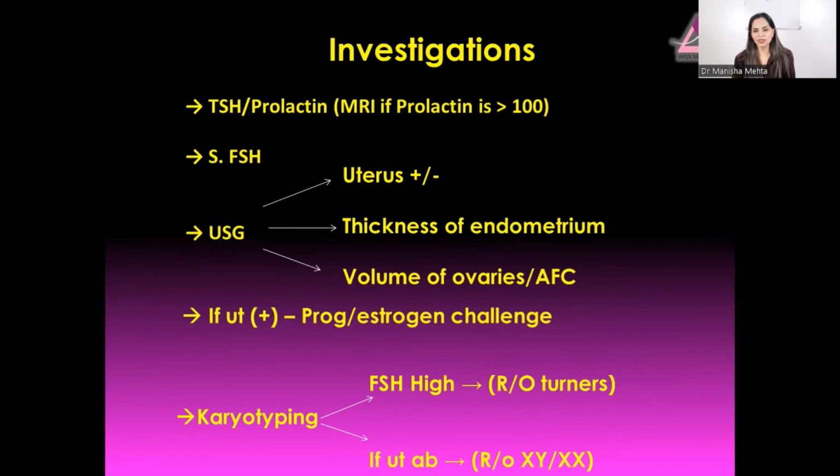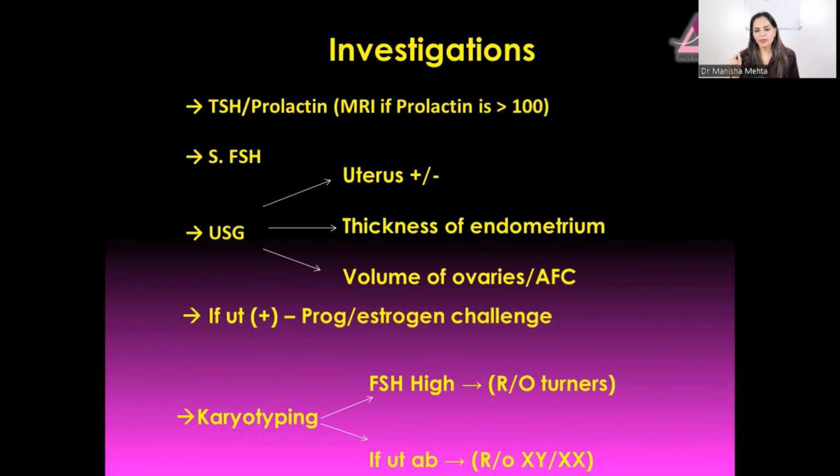Serum FSH, when you see no outflow tract abnormality, but you want to rule out between hypogonadotrophic hypogonadism and hypergonadotrophic hypogonadism. What does an ultrasound do and what do we want to see in ultrasound? One, presence or absence of uterus, thickness of endometrium. Whenever we do an ultrasound, if the endometrium is good, it tells me that the estrogenized endometrium is at least there.